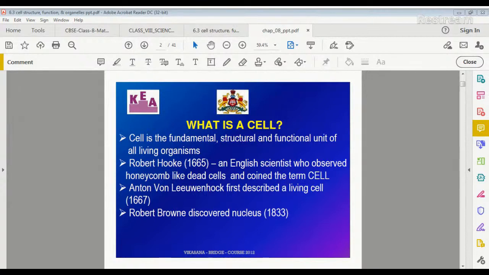He observed them under a microscope, and he noticed partitions, boxes, or compartments in the cork slice. So this was how he found out.